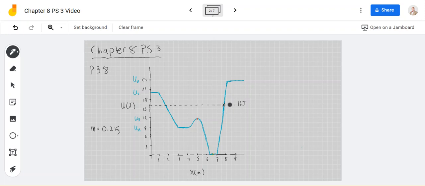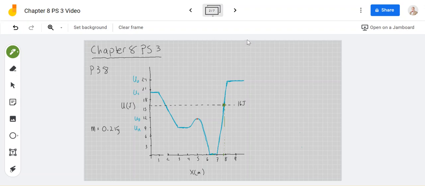At that turning point right there, here's what we know. That's what we're looking for, the turning point right there.